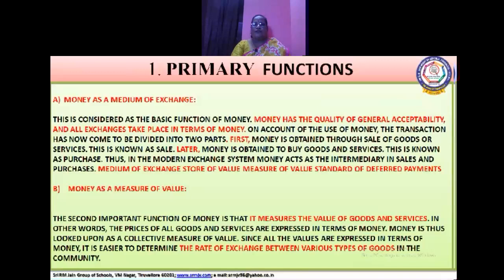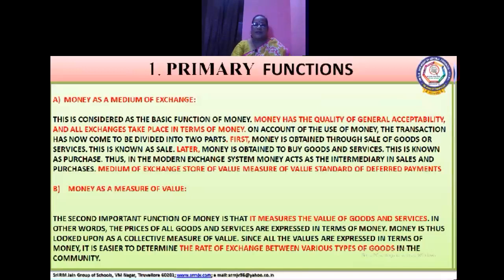On account of the use of money, the transaction has to be divided into two parts. Number one, money is obtained through the sale of goods or services. This is known as sale. Second, money is obtained to buy goods and services.